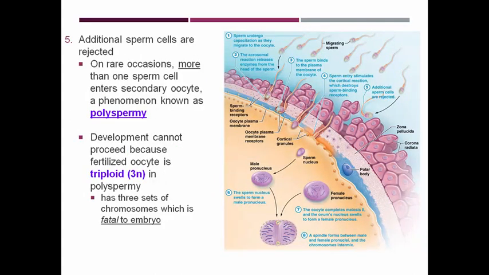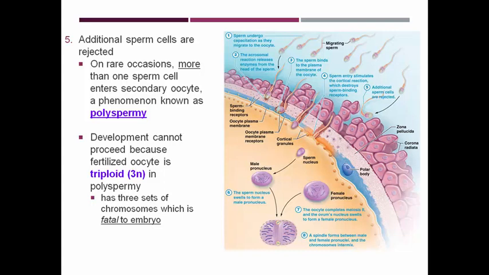Step 5 is where all of the rest of the sperm cells are still trying to get in, but they are now rejected. On very rare occasions, more than one sperm cell could enter the secondary oocyte, and this, of course, is known as polyspermy. But further development after multiple sperm may get in cannot proceed.